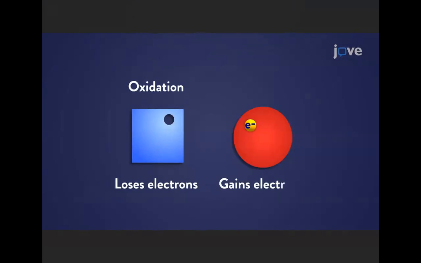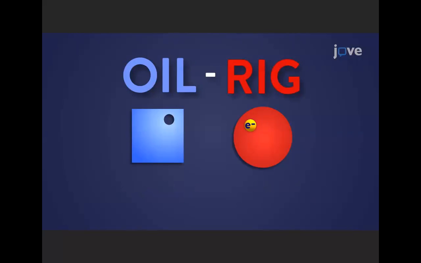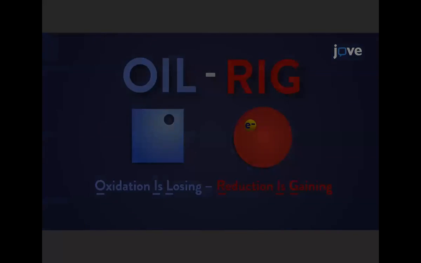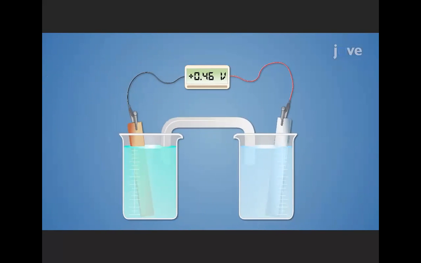When it gains electrons, we say that it has undergone reduction or has been reduced. To help you distinguish between the two, remember the phrase oil rig, which stands for oxidation is losing, reduction is gaining. Some electrochemical reactions occur spontaneously, which we can study in a galvanic cell.